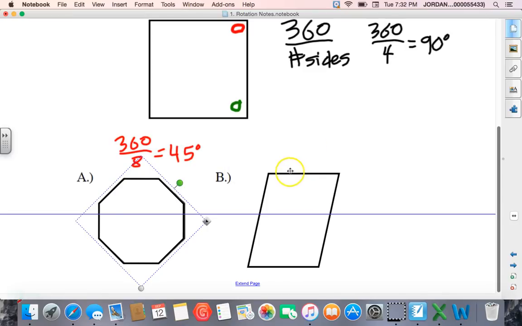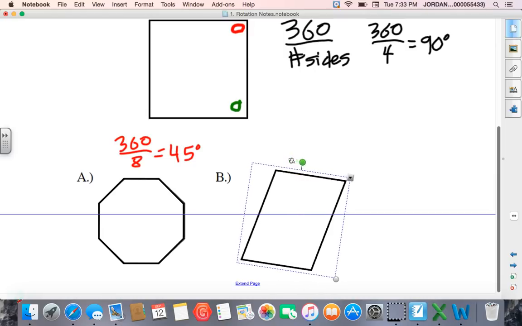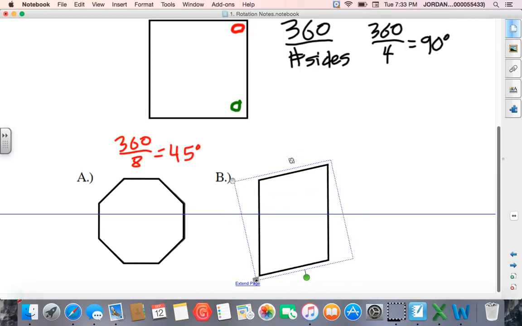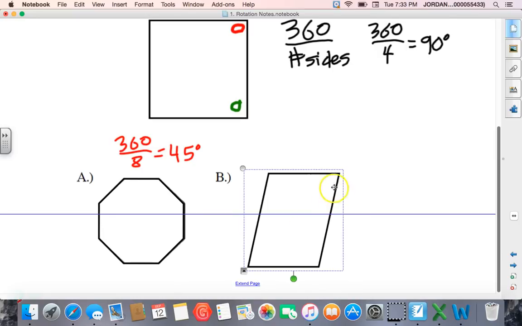All right, and then this shape right here, this isn't really a regular polygon because the sides are all different lengths, but you could rotate it 180 degrees and get the same shape again. So this one does have rotational symmetry, but we couldn't use it to divide by 4 sides because it's not a regular polygon.